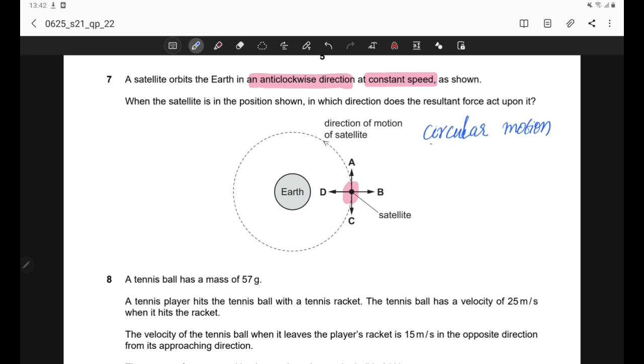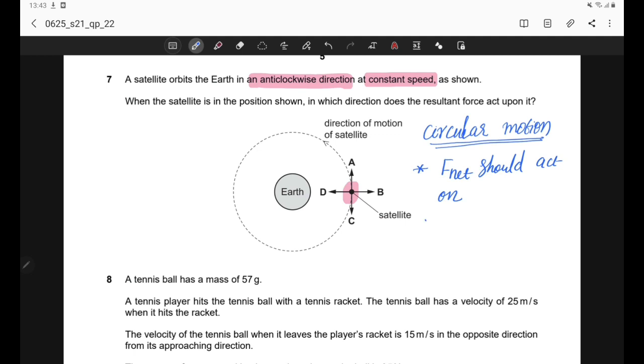In circular motion, there are some conditions that must be satisfied, then only can objects move in circular motion. So I will write those important points here. The first one: there must be a net force acting on the object. So a net force should act on an object in order for it to move in a circular path.